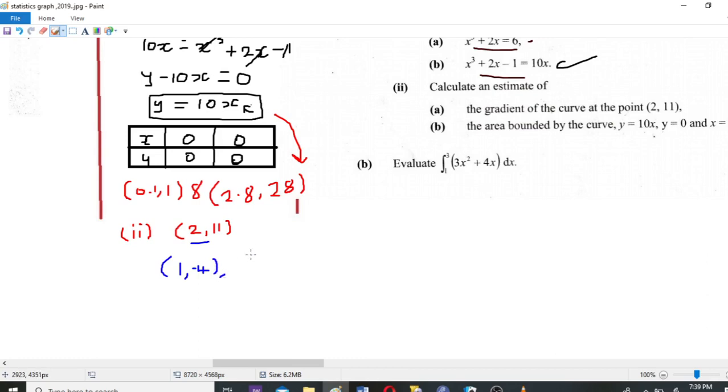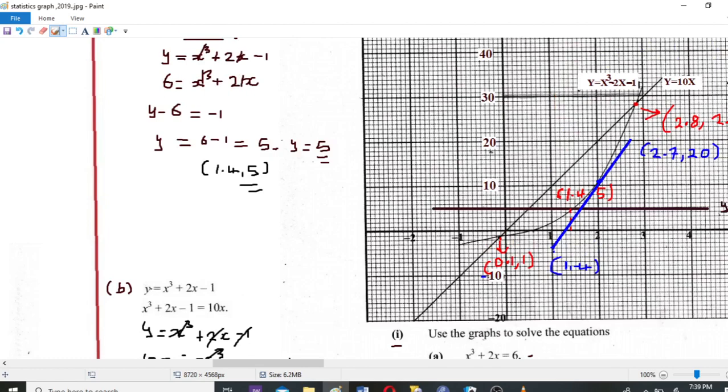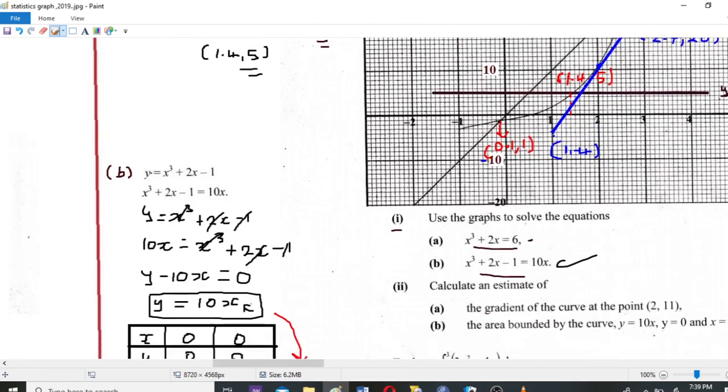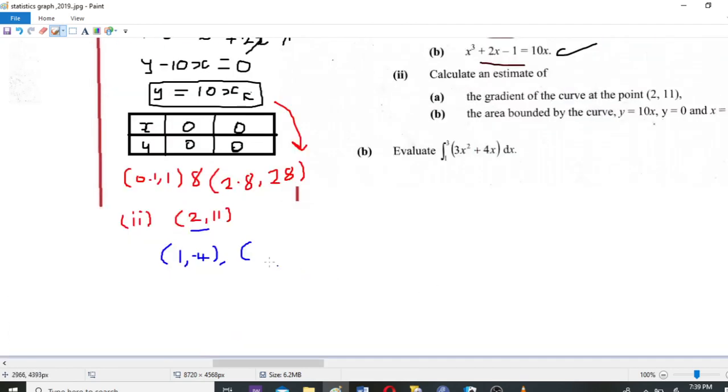That's the first point. Now the second one you can check. The second one was 2.7 comma 20. Now using the equation for the gradient, remember the formula, that's y2 minus y1, right?